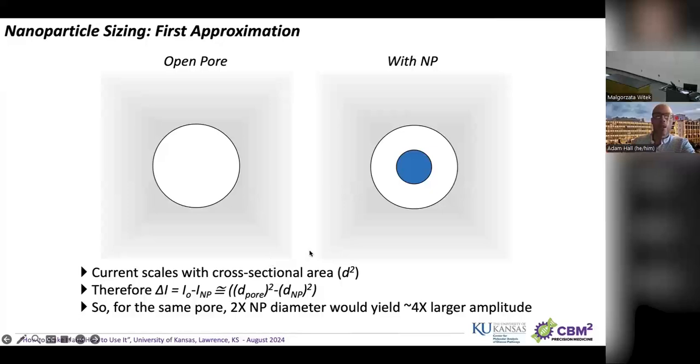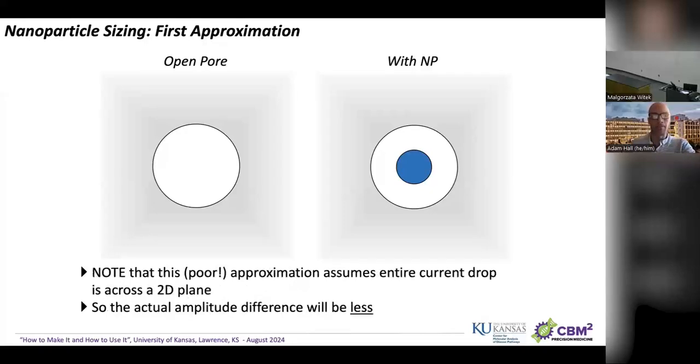What that means is, for the same pore and the same conditions, if you increase the size of the nanoparticle by twofold, you're going to increase the amplitude by fourfold, right? So you get an amplification of the signal. And it's important to understand that in order to interpret what is actually coming out of your device in the end.